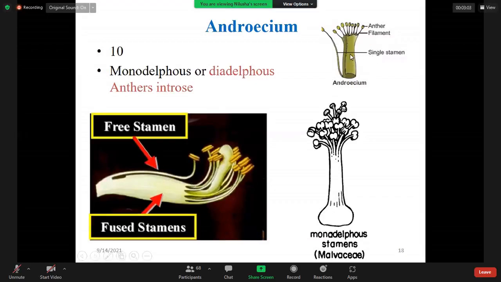In this picture also, you can see one single stamen and the other 9 stamens fused together. We call this structure didelphous. Is it clear to all? Yes, ma'am. I think it is clear for all.